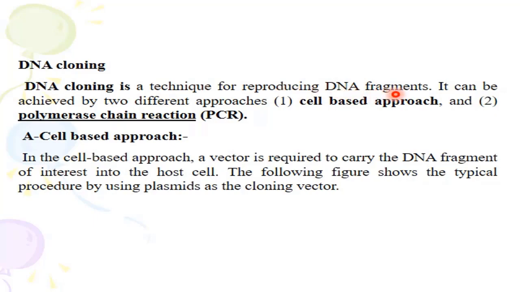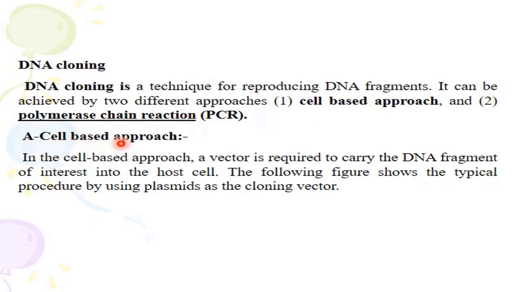Reproducing of DNA fragments can be achieved by one of 2 methods, either previously by the cell-based approach, and now after the invention of PCR by Kary Mullis in 1983, the polymerase chain reaction was introduced in practice to perform gene cloning. Now, in this lecture, we will concentrate on the cell-based approach, followed by polymerase chain reaction.